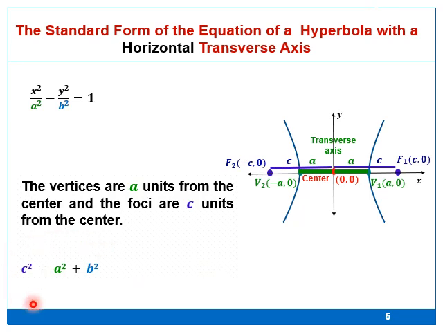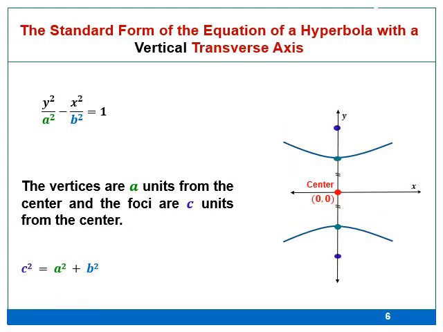In the hyperbola, it's simply their sum. So to summarize, if the x squared term is positive, the hyperbola will cut the x-axis. The foci, the vertices, and the center will all lie on the horizontal line, and the relationship between c, a, and b will be given by c squared equals a squared plus b squared.